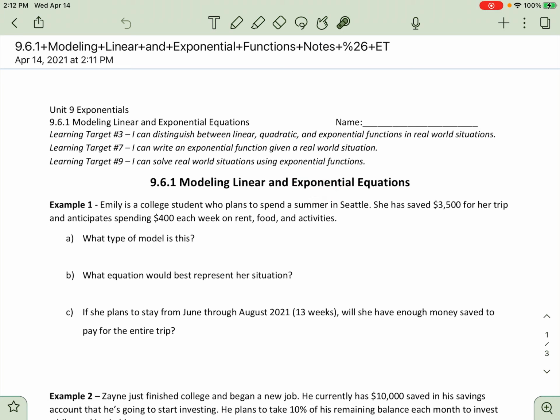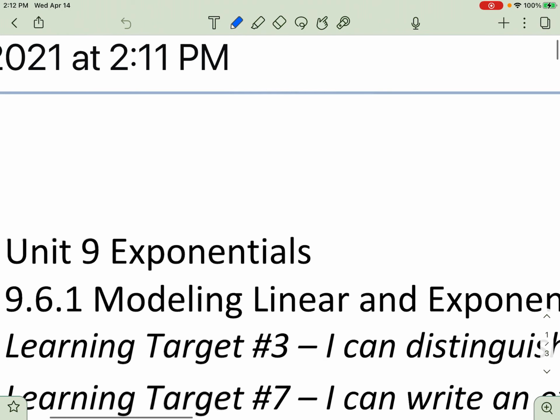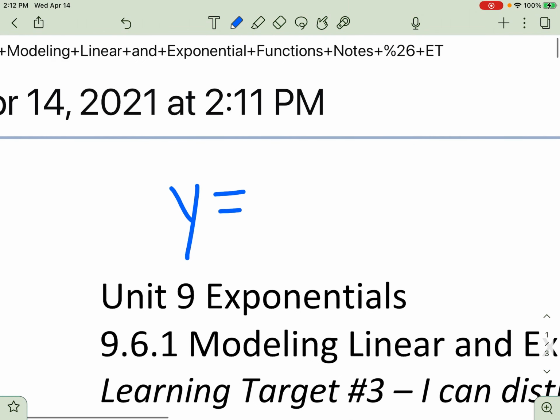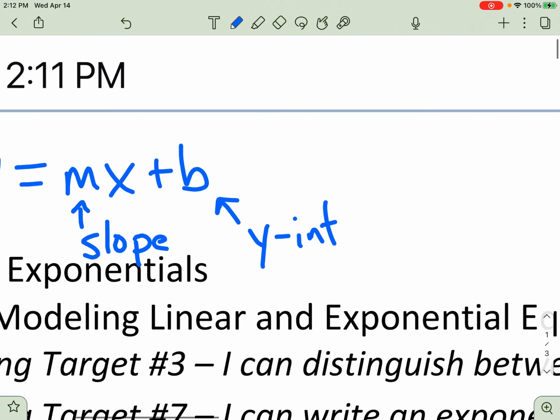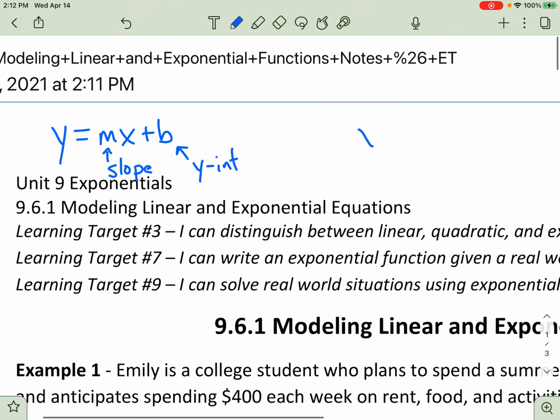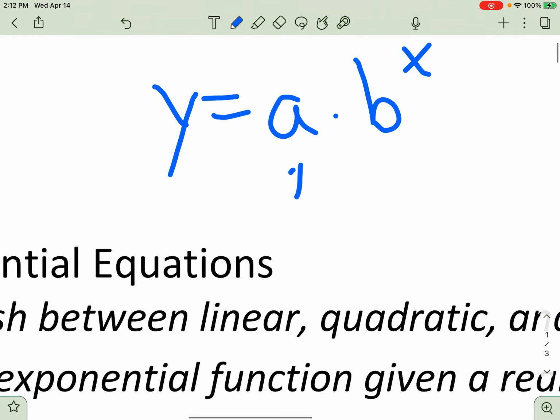Now at this point in your Algebra 1 career, you have already gone through both linear and exponential equations. Just as a quick reminder, for linear equations, we're talking about your y equals mx plus b, so you've got your slope and your y-intercept or your starting value. And for exponential functions, you've got y equals a times b to the x, where a is your y-intercept and b is your growth factor.